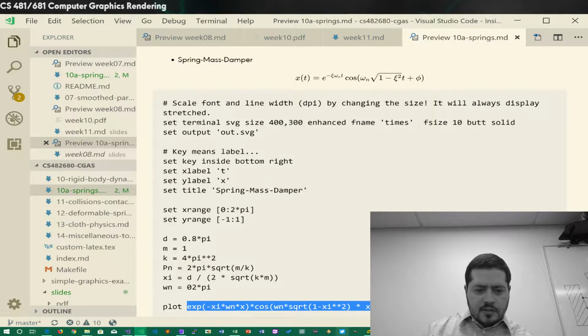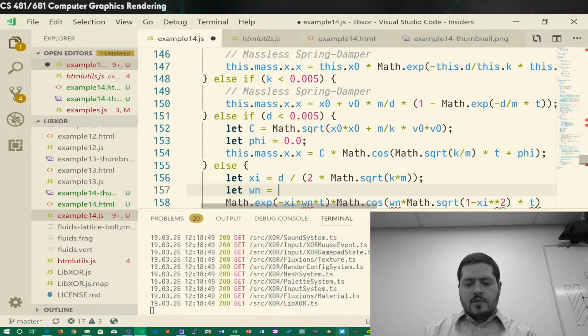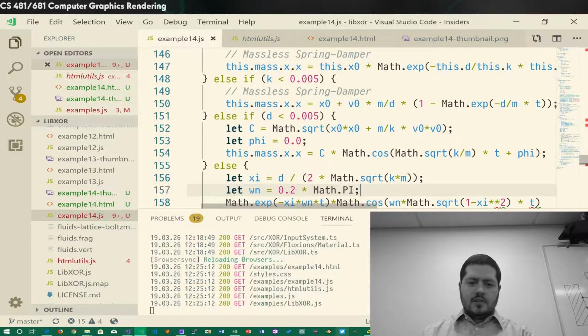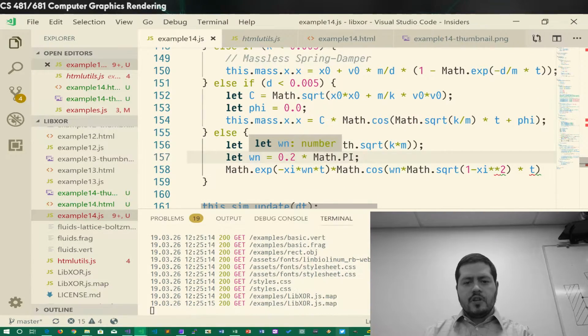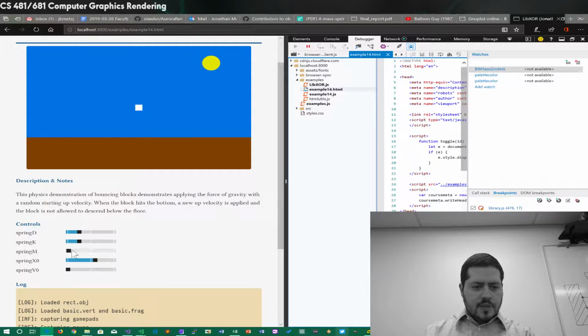I wonder if that was supposed to be 0.2. That's going to represent the angular velocity. I don't like this. I think there's an equation for determining the value of omega n. But let's see what happens here.